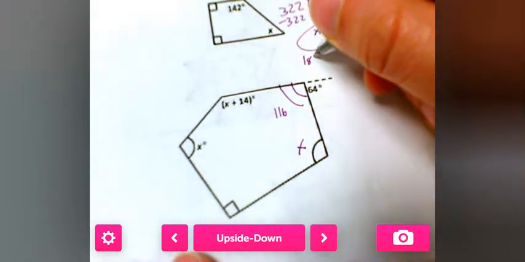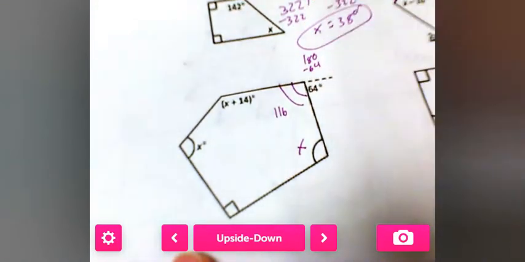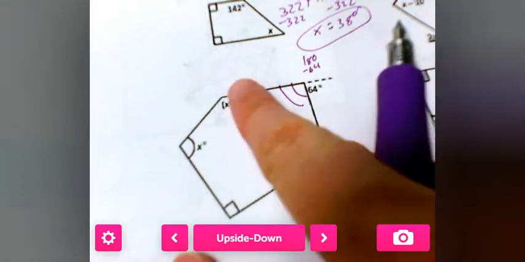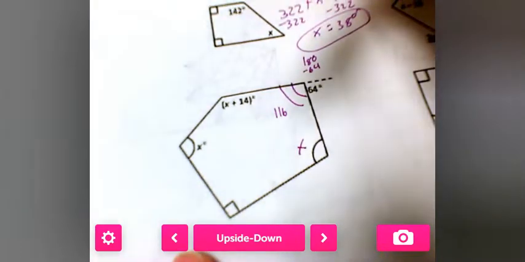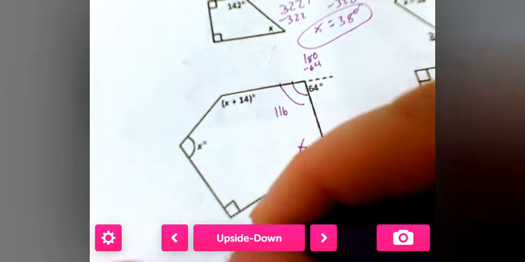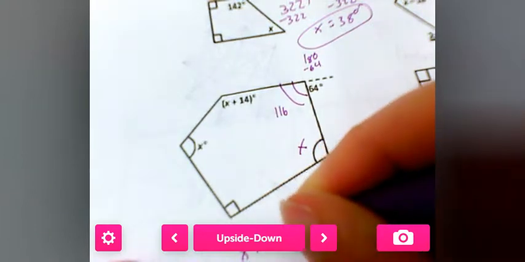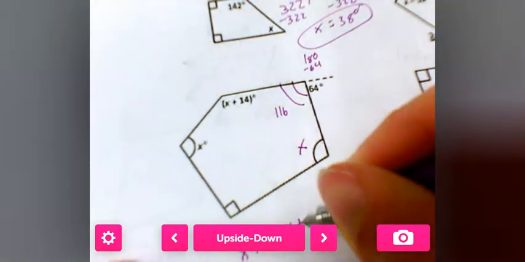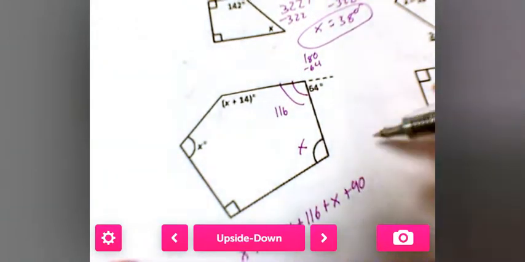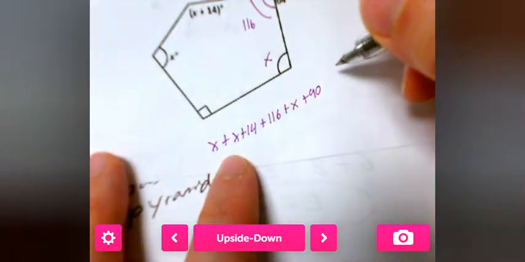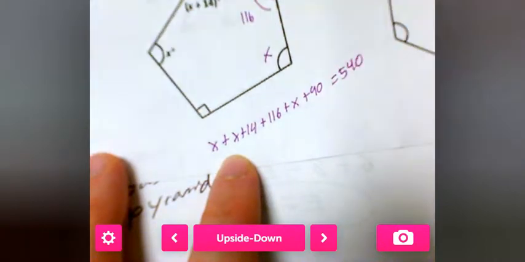Okay, the interior angles of this one are going to add up to how much? How many sides are there? So I got 5 sides means it should add up to 540. So I'm going to go x plus 14 plus 116 plus x plus 90 equals 540. So far, so good?